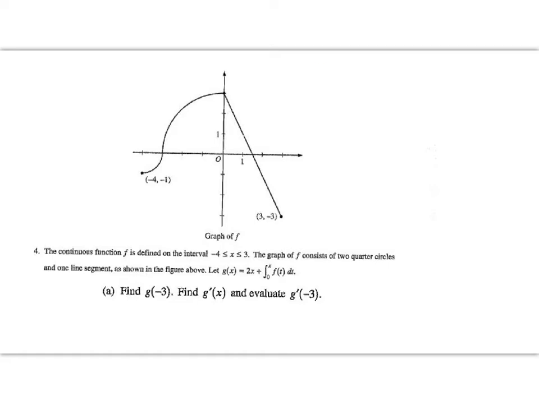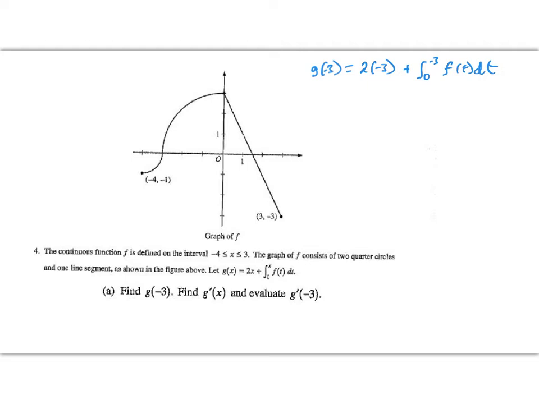If I'm going to find g of -3, then I'm going to need to plug in this -3 everywhere I see an x inside my function g. So 2 times -3 plus the definite integral from 0 to -3 of f of t dt. That's how g is defined.